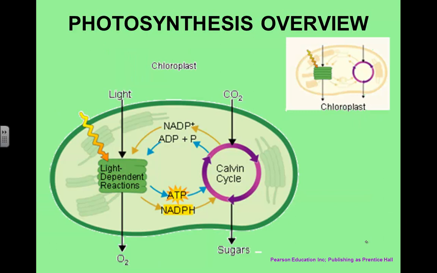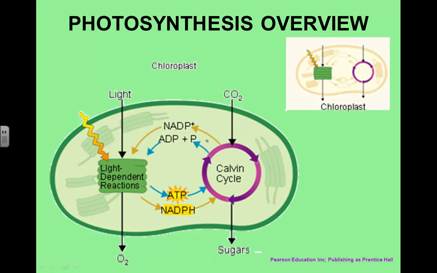So what happens here: we have our chloroplast, and you've got the thylakoid stack here, the granum. That's where the light-dependent reaction takes place, and it produces ATP and NADPH from the light reaction. The Calvin cycle takes place within the stroma, and it needs carbon dioxide, and it takes it in through the stomata, and the plant's able to get it to the stroma part of the chloroplast, and it produces sugars.